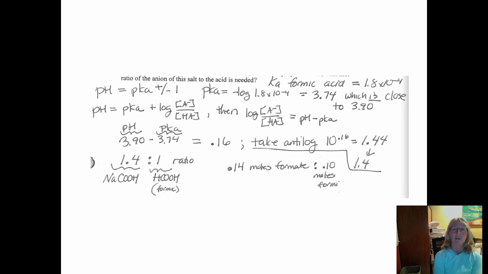In my calculator was sitting a number of 1.4 rounded off. That means I would need 1.4 moles of the base formate to 1 mole of formic acid, or you could have 0.14 of formate for every 0.1 moles of formic. I hope you got that one right, because here is what your plan will be for block day.